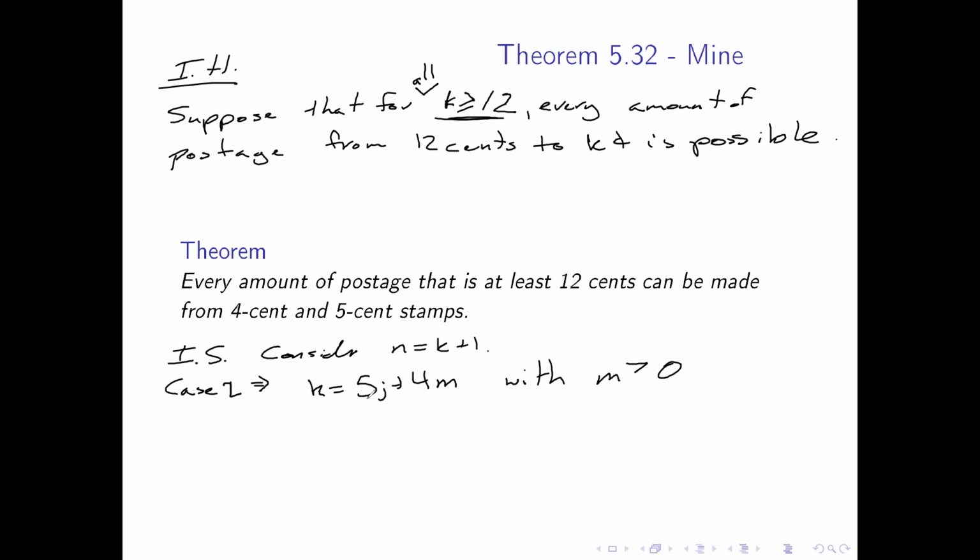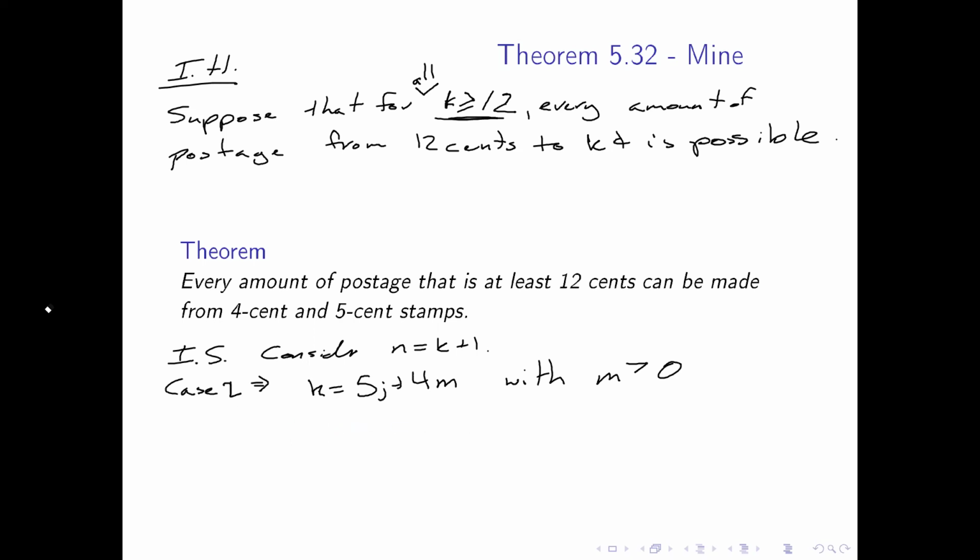Well, then what I can literally do is 5j plus 4 times m minus 1, and I'm going to throw in an extra 5 on here. Let me rewrite that.